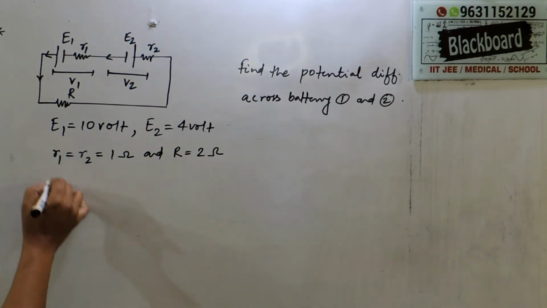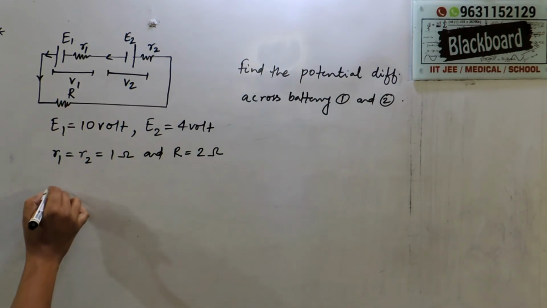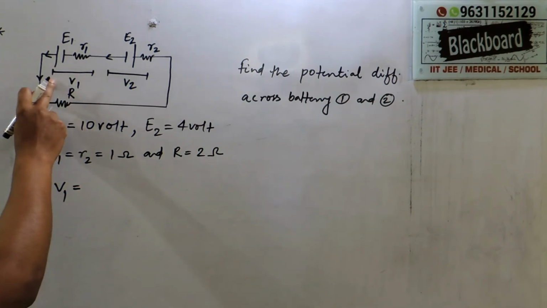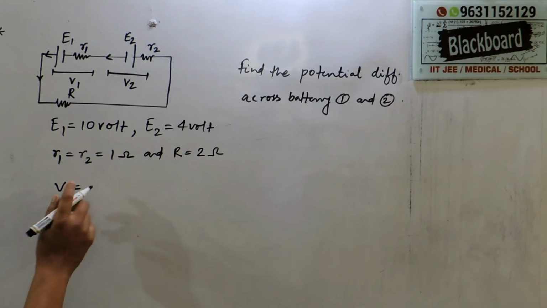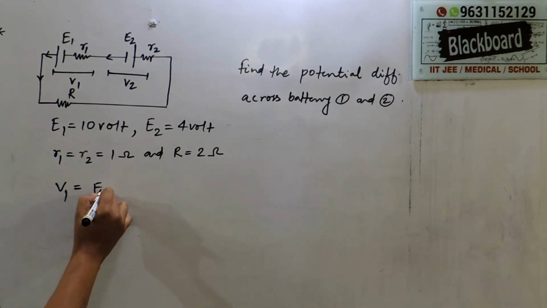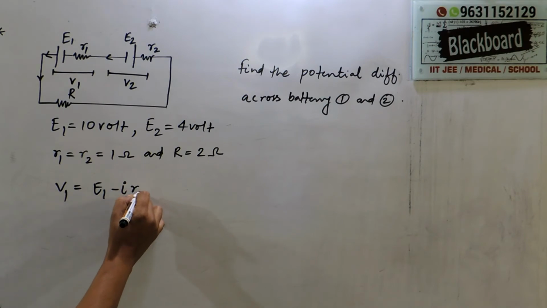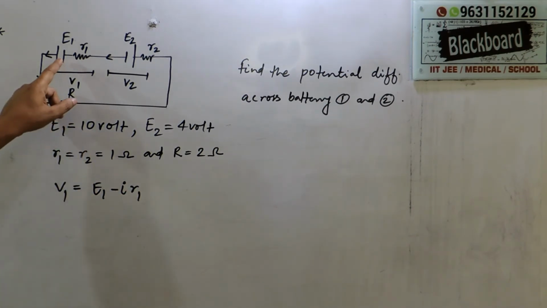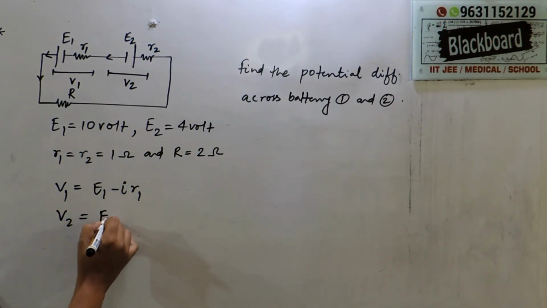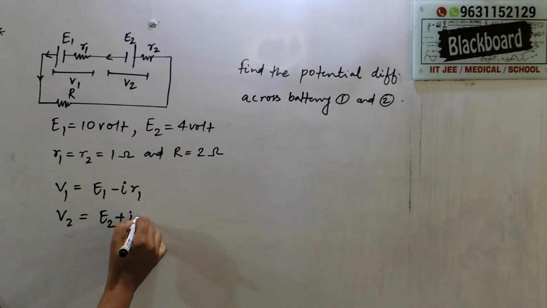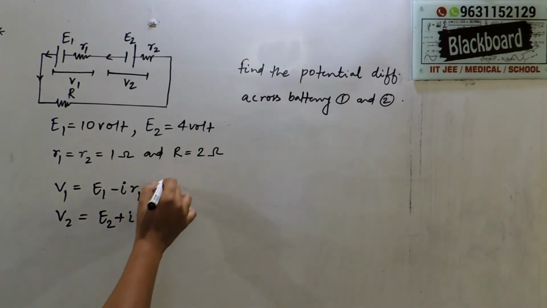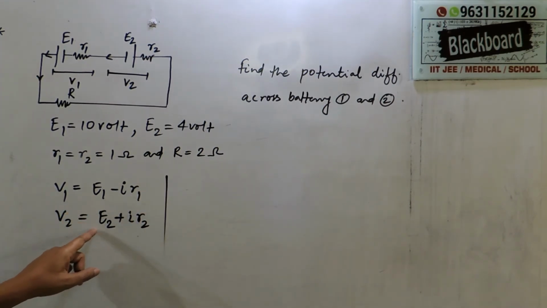For V1 we write V1 equals E1 minus I R1, because this cell is at higher potential, and V2 is E2 plus I R2. That means E1, E2, R1, R2 are given and I is unknown. So our first requirement is to find I.